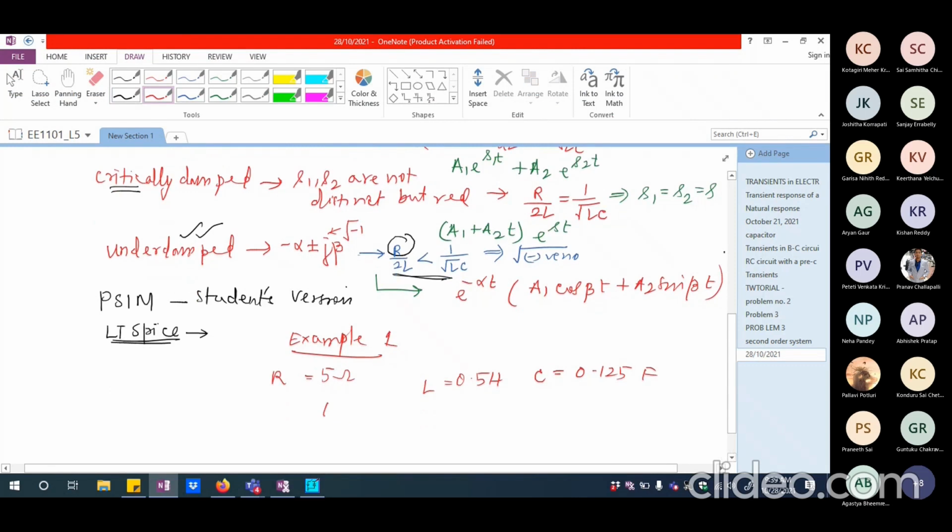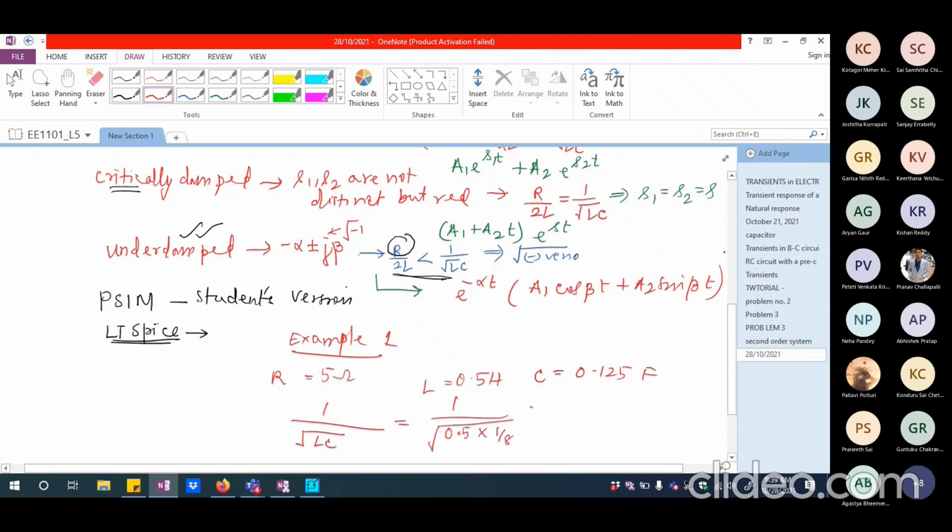So let's try to calculate what is 1 by root of LC. This is going to be 1 divided by 0.5 multiplied by 0.125, which is 1 by 8.